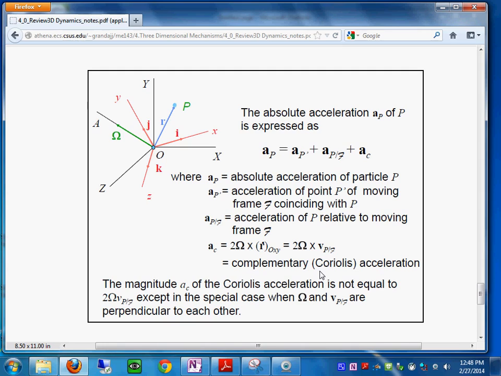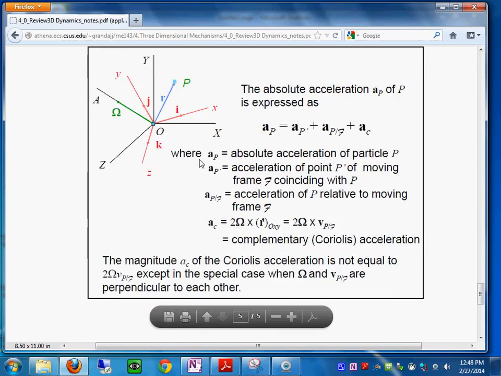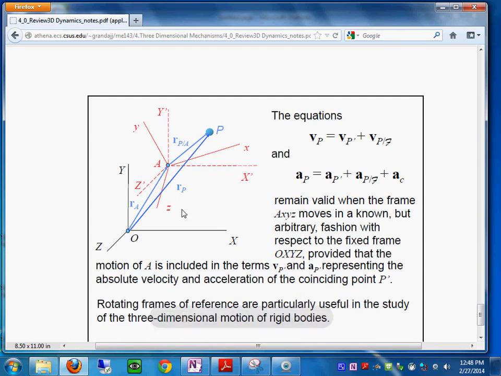Then you have acceleration of P relative to the moving plane. And so we have the vector acceleration. In this case, it would be the acceleration of another point plus the relative acceleration of P with respect to z.